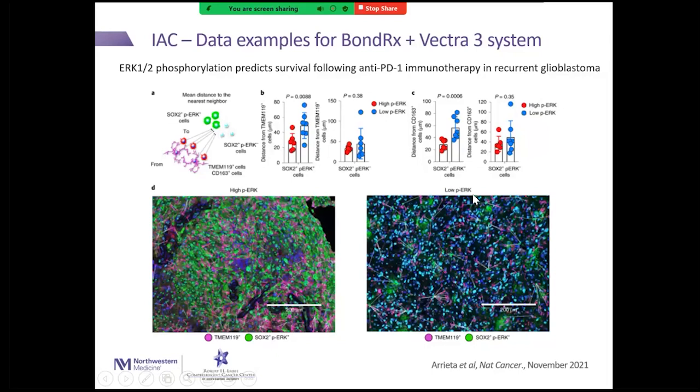However, the cohort with low PERK had a much longer distance between the tumor cells and the myeloid cells, suggesting that in the high PERK samples, there's a good homogeneous mixing of these two kinds of cell types. So there's a good immune activity there.